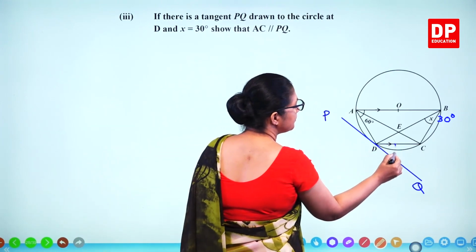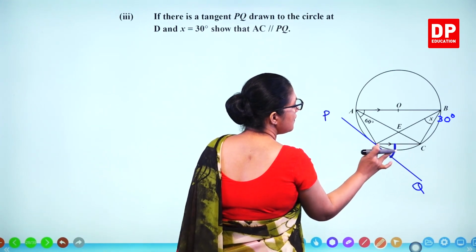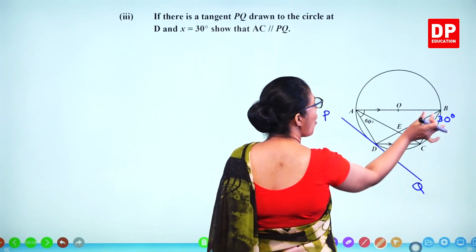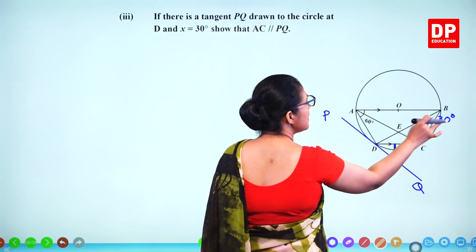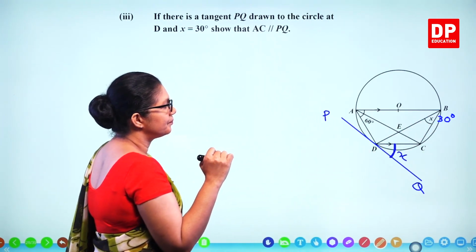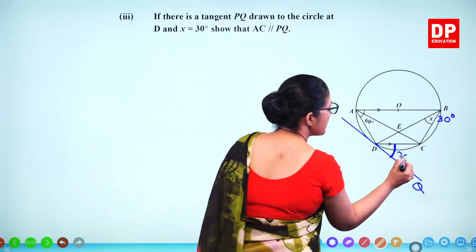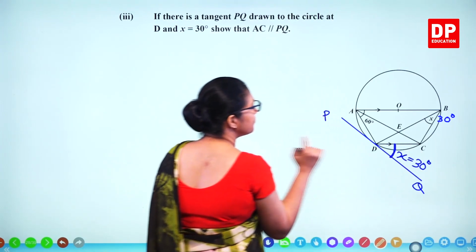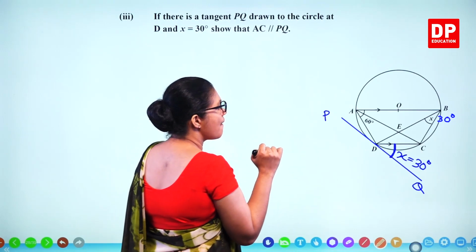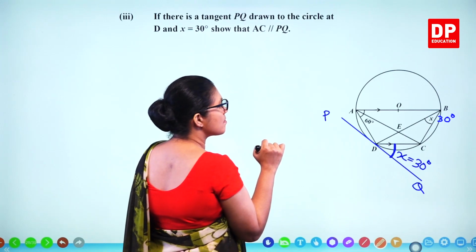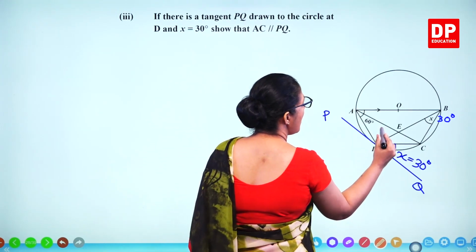What is this angle? This is the angle between the tangent and the chord, that's equal to the opposite interior angle. So this is x. So this is 30 degrees. That means 30. This is 30. We know that this is 120.